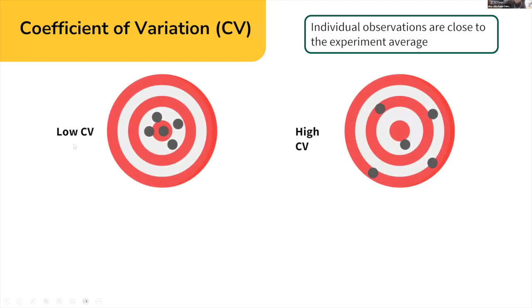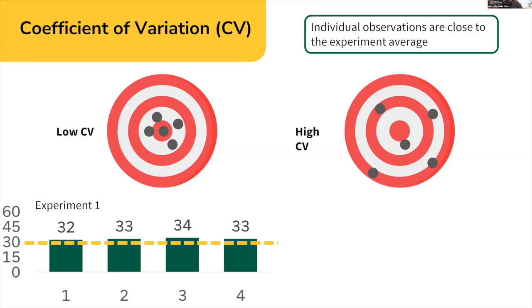When we have a low CV, we are closer to the average, so we are scoring really close to the target. And when we have a high CV, we are all over the place. In a more data-oriented example, a low CV will behave like this: all the observations are close to the mean, this yellow dotted line.